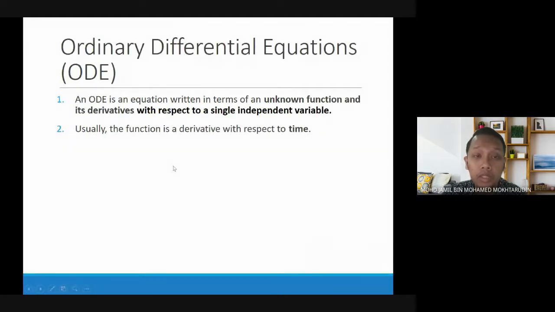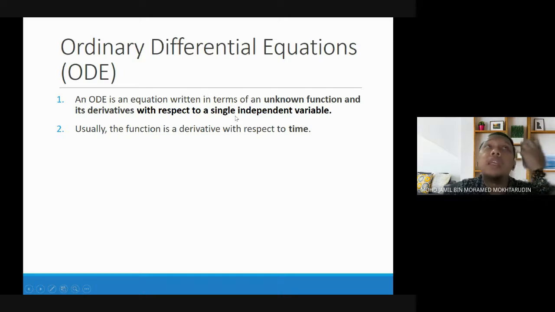Okay, so ODE is an equation that is written in terms of an unknown function and its derivative. ODE will have derivatives with respect to a single dependent variable.